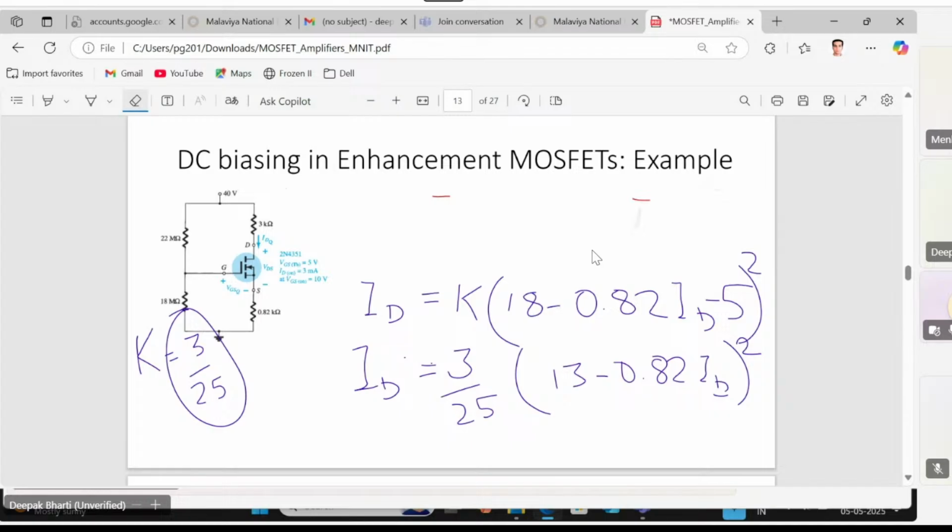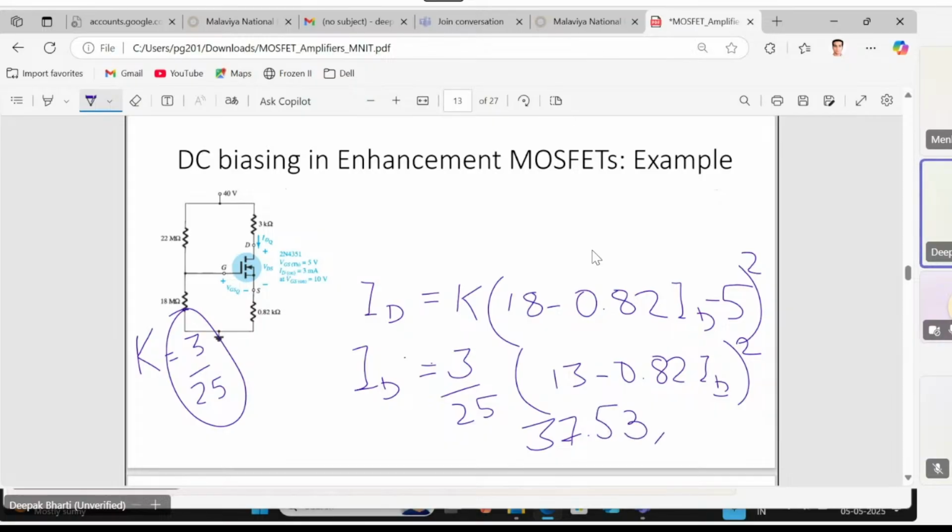The roots which I have found by solving this equation are 37.53 and 6.7. So these are the two roots obtained by solving this.